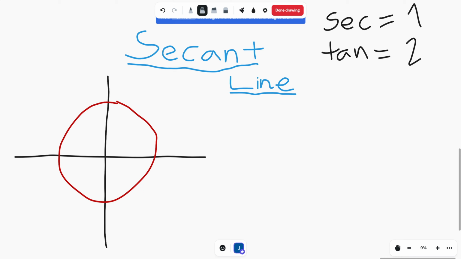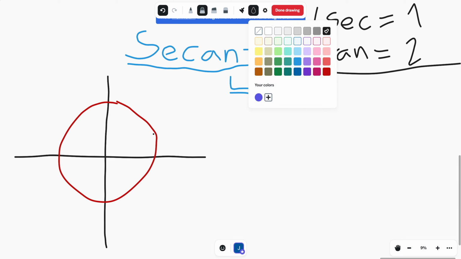That's very important to note because when we understand both of these lines in their own perspective, it's easy to differentiate them, but it's also easy to mix them up if you don't know the difference. So this is our legend. Now, for a secant line, say we have our graph and our circle, and we wanted to find the slope at a specific point on this circle, right here.